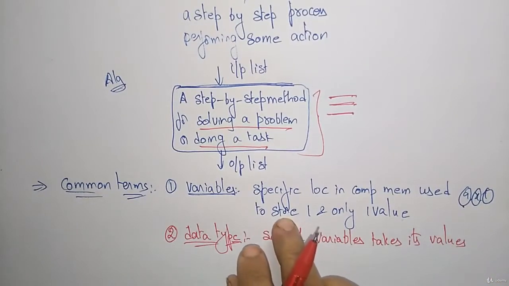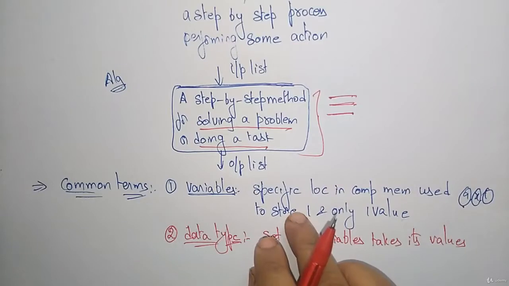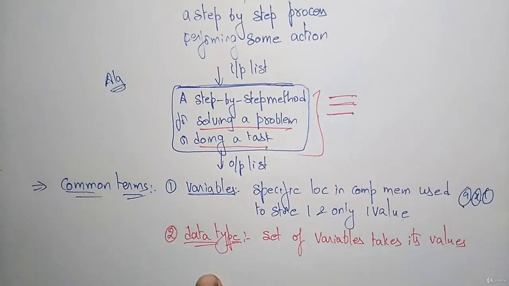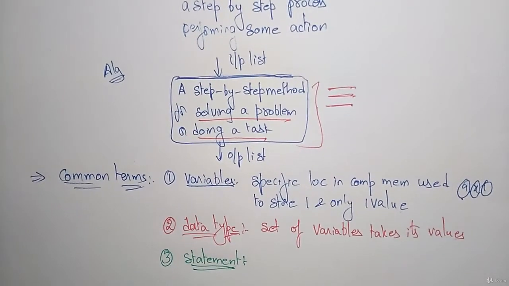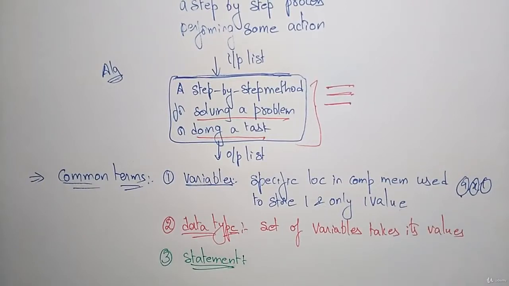Here we declare the variable, and that variable will occupy a memory location in the computer system, whereas the data type indicates the set of values the variable takes. Third is the statement. A statement is just a line of code. So these are the common terms used in the algorithm: variables, data types, and statements.